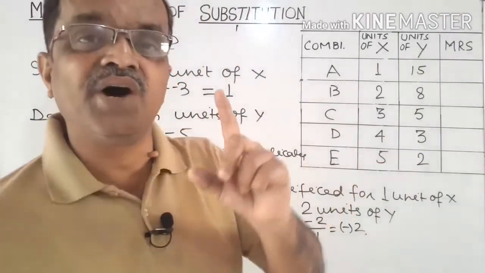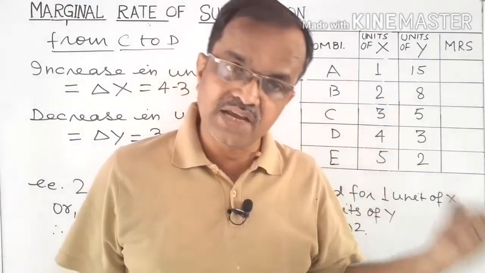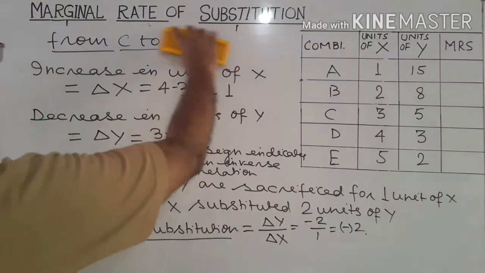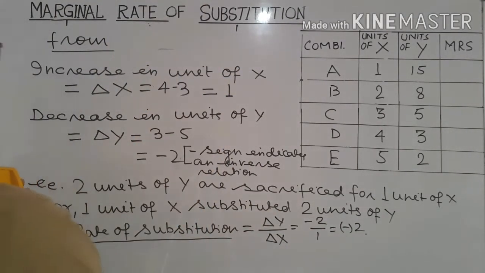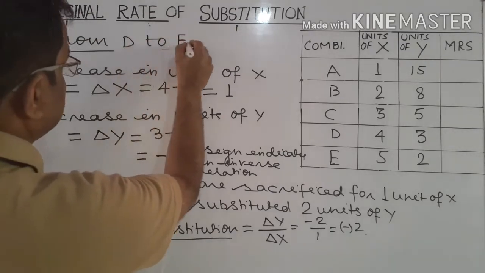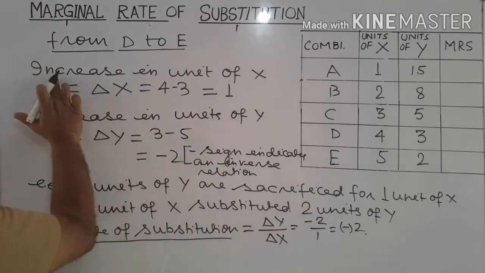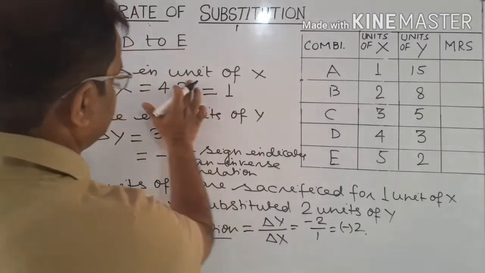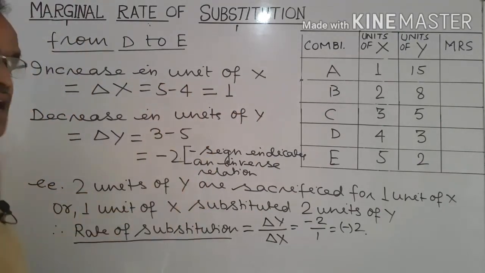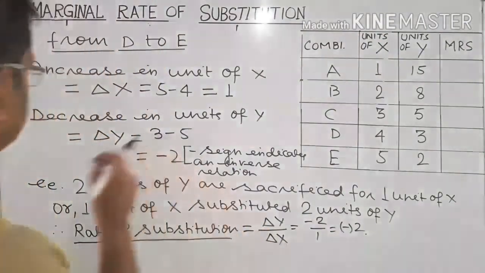Means again 1 unit of commodity Y is sacrificed for the additional unit of X that is consumed. So we can write here, whenever the consumer shifts from D to E without having a change in the level of satisfaction, then what is the increase in the unit of X? That is equal to 5 minus 4, that is again 1. Means again 1 additional unit of X is consumed by the consumer.